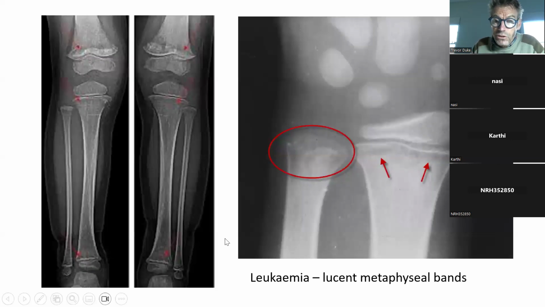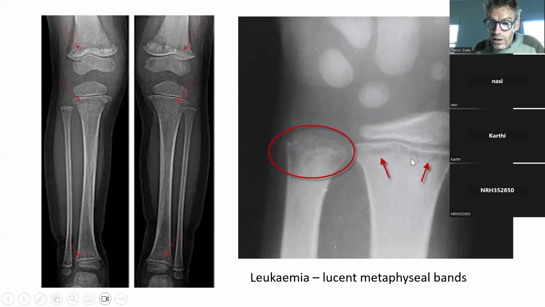I wanted to show the distinction between scurvy, vitamin D deficiency and leukemia, because sometimes, as I say, they overlap in the clinical presentation a bit. In leukemia, the features are not so much a rough, irregular metaphysis, but what is seen as lucent, meaning more black.